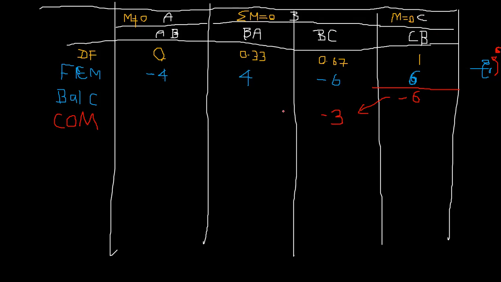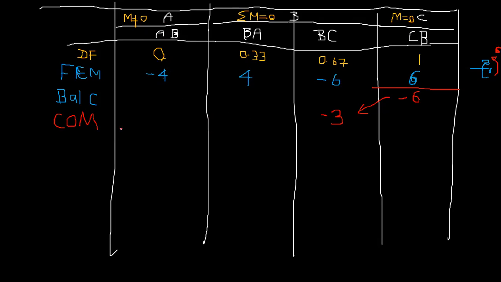Here, yes, it's 3. Now I don't need to do anything on A joint because that's a fixed end. The distribution factor tells you that you share 0 here, so you don't need to do anything.